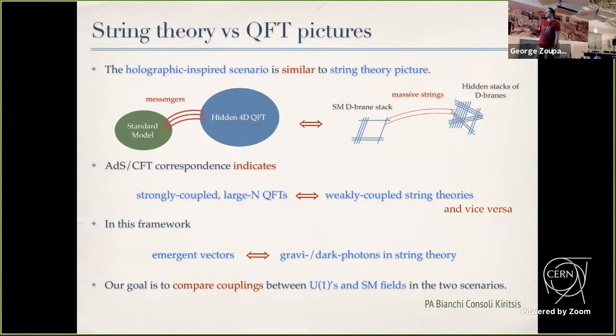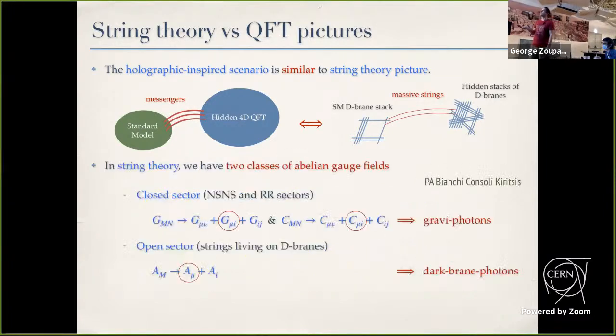Weak from here, strong from here. So in this framework, emergent vectors behave like gravity dark photons in string theory, and our goal is to compare couplings between these U1s and the standard model fields in the two scenarios.